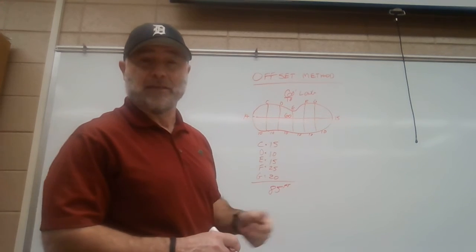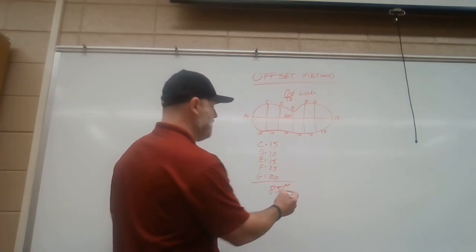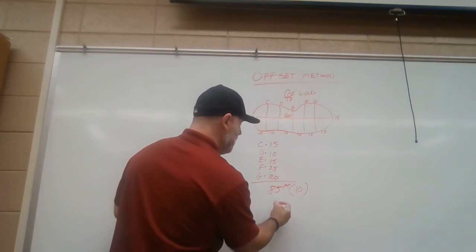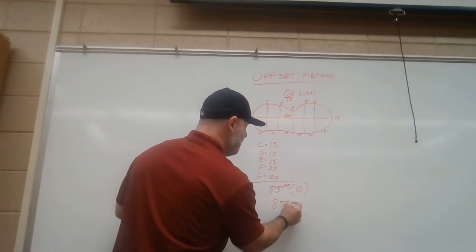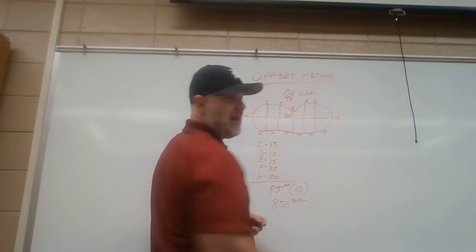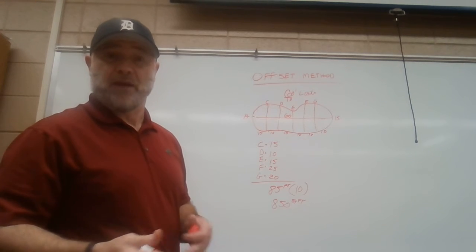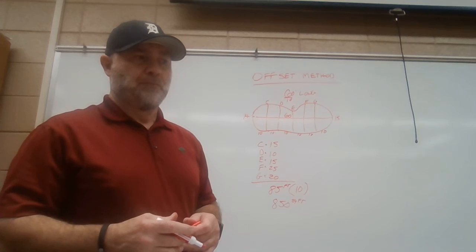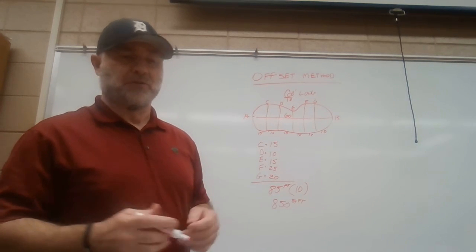Our distance in between each of those lines is 10 feet, so we multiply by 10, and that's going to give 850 square feet. That would be the area of that bunker or your mulch bed or whatever. And that's a very precise way of getting measurements.